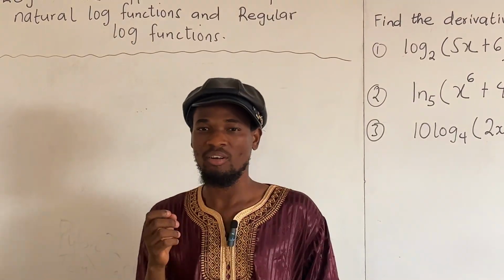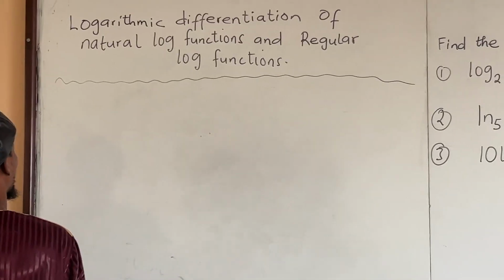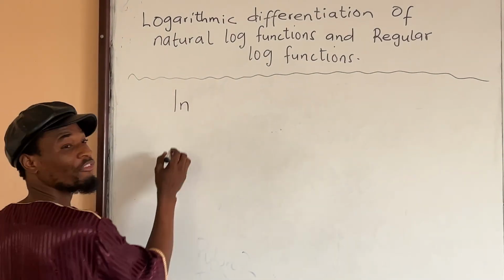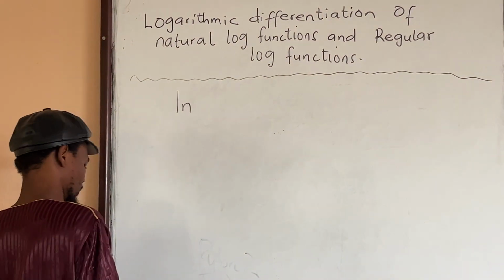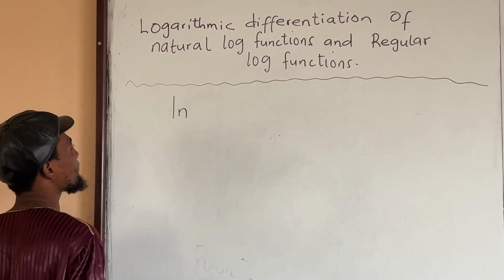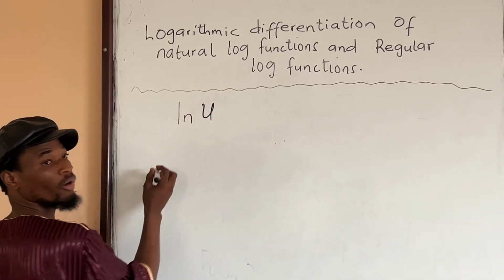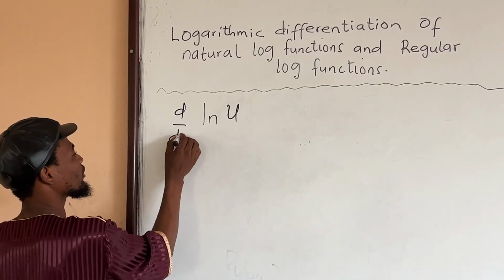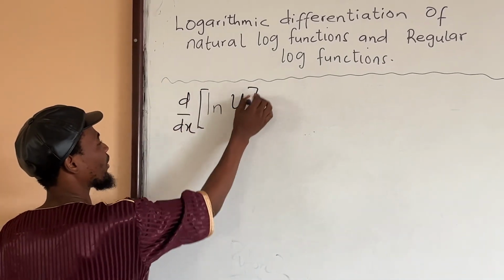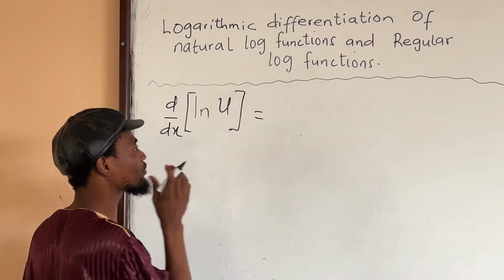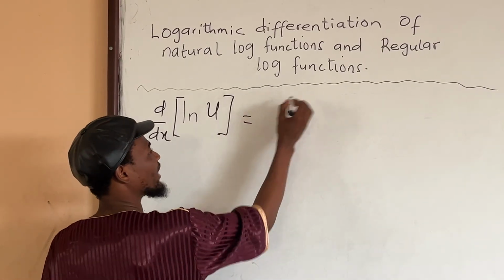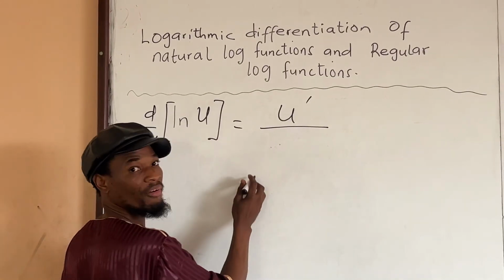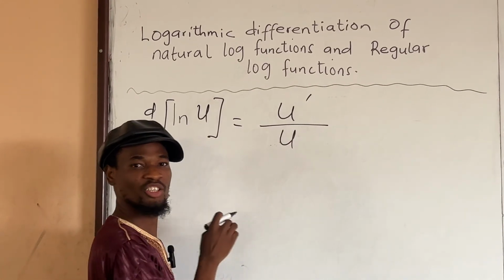For example, when you have a natural log of a function u, where u is a function, and you find the derivative of this function, this gives the differential of the function u, all over the function u.